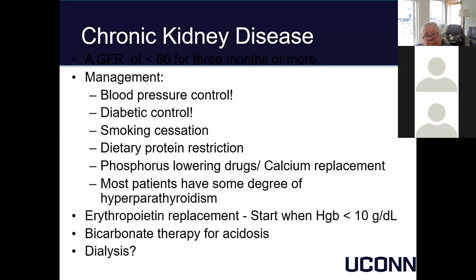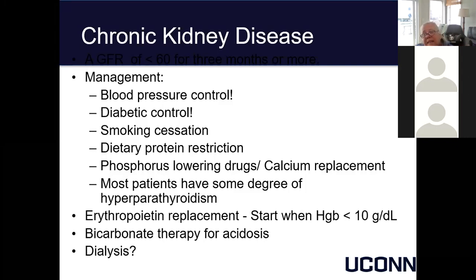Sort of ration protein, because protein puts stress on the kidneys. We use phosphorus-lowering drugs because phosphorus is excreted through the kidneys, and if they're not working, phosphorus will get high. You end up with hyperphosphatemia.